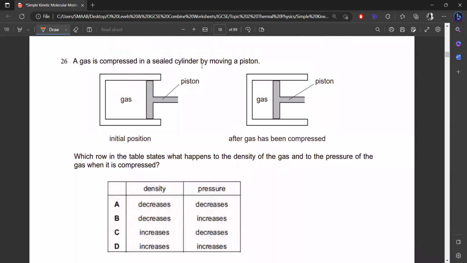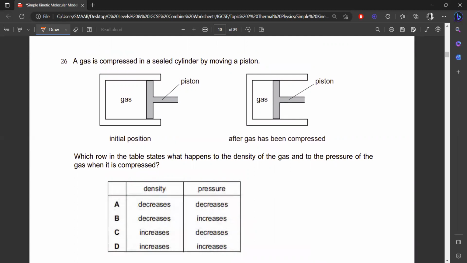And 26. Pressure increases, density decreases? No. Both of them increase. What happens to the density?